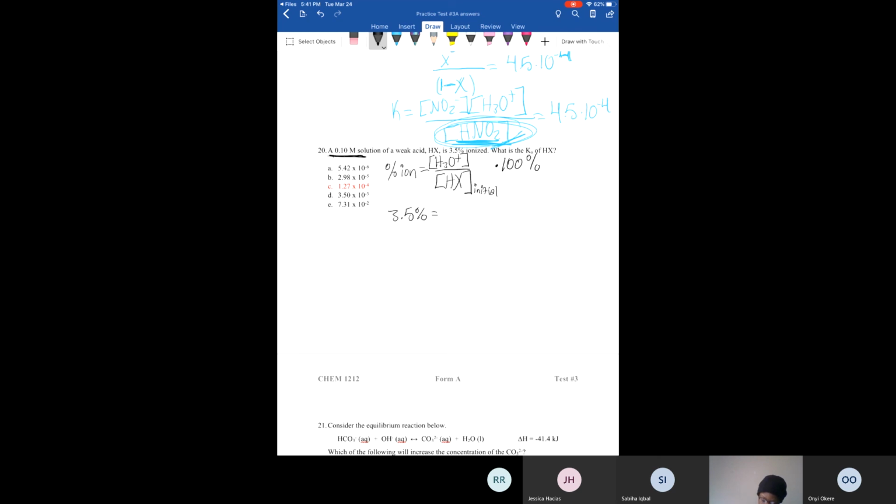Let's call the H3O plus concentration X, so 3.5% equals X over 0.1 times 100%. Divide both sides by 100%, and you get 0.035 equals X over 0.1.